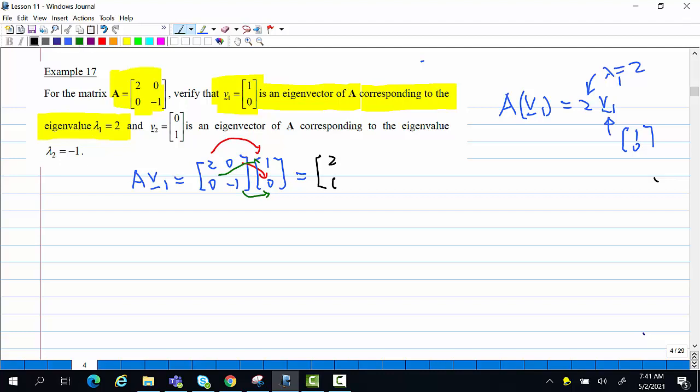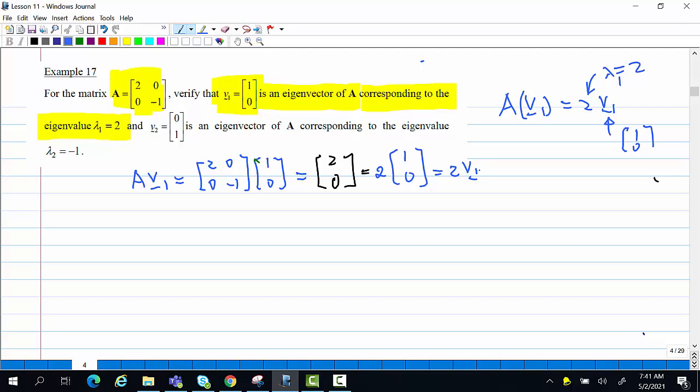So the result is 2, 0, which is equal to 2 times 1, 0, which is 2 times V1.